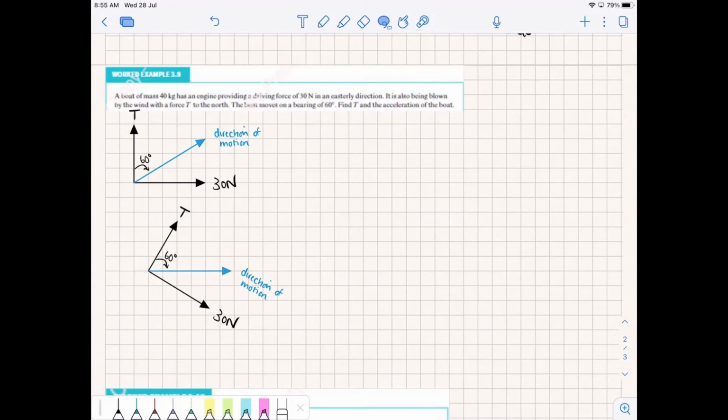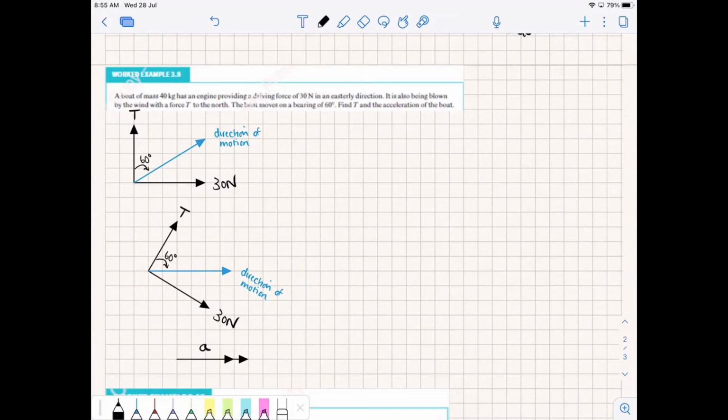The direction of action is also the direction of my acceleration. And so what I need to do to resolve that is to split those other forces into their different components.